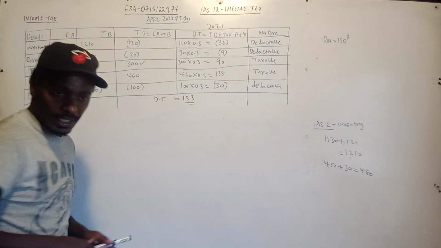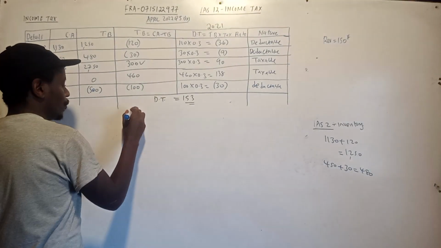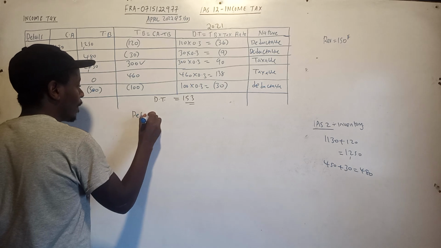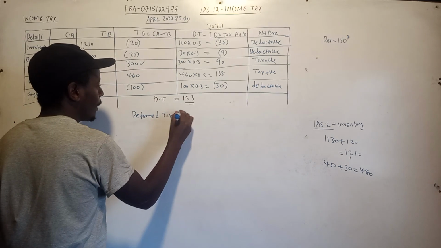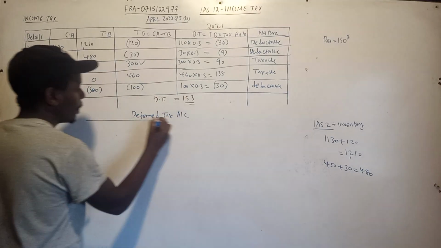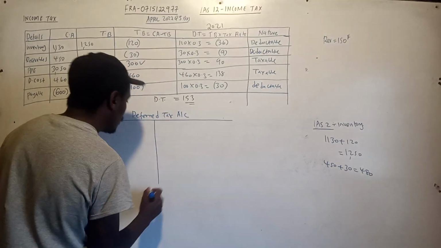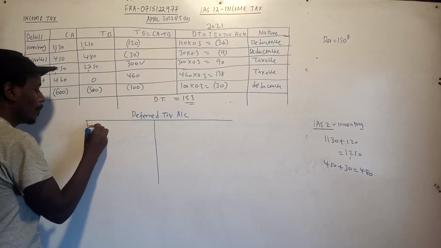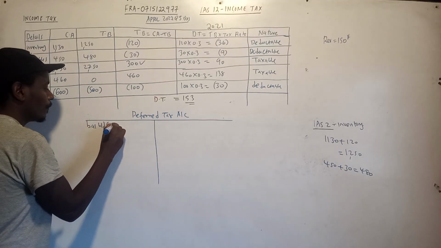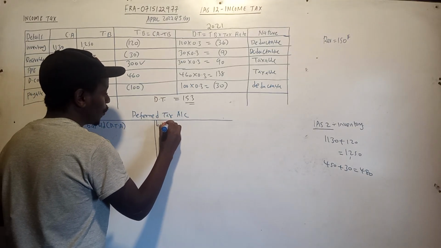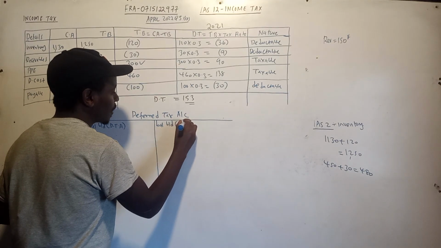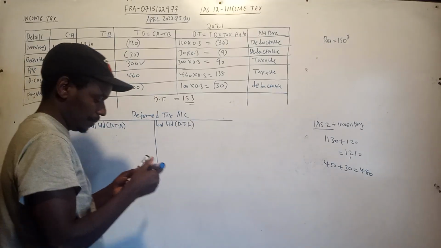Now let's compute our deferred tax account. So we shall have a balance brought down if you have a deferred tax asset, and we shall have a balance brought down if you have a deferred tax liability.